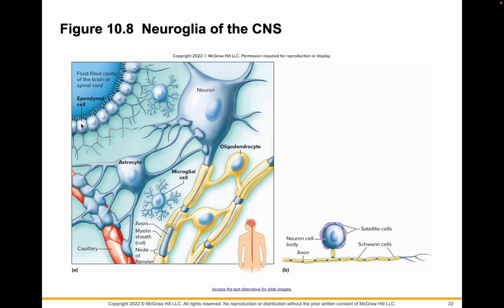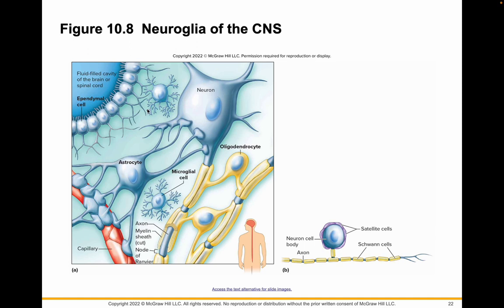So here they are. So you can see simple columnar. This is the fluid filled, like spinal fluid and brain fluid that helps protect and feed and nourish the brain. And then here's outside of that. And then what you see here is a little microglia.